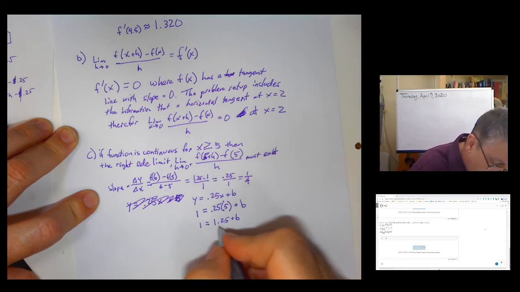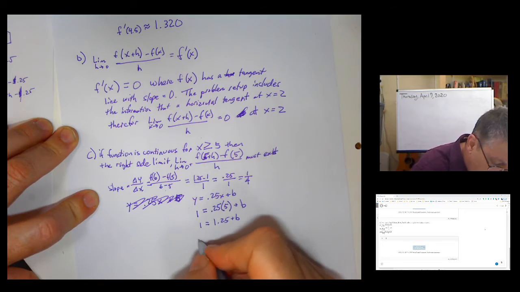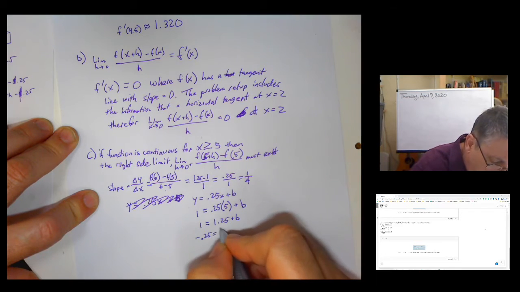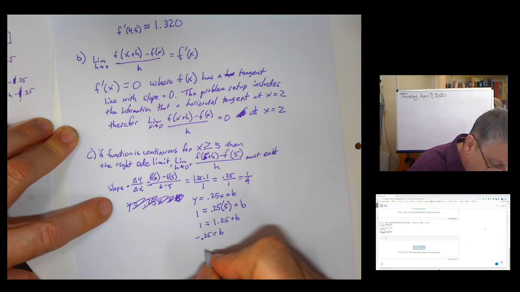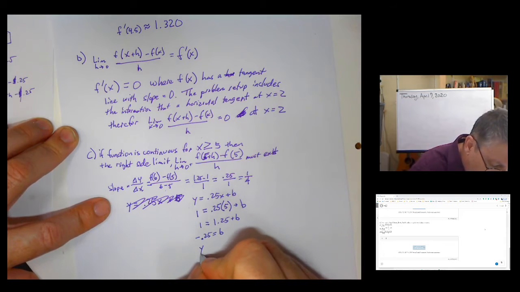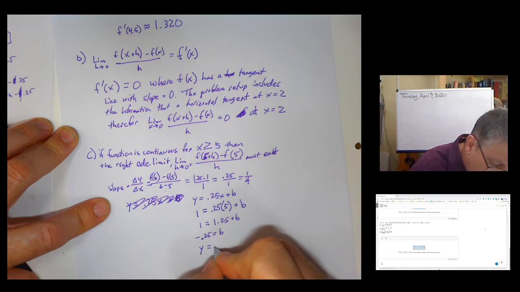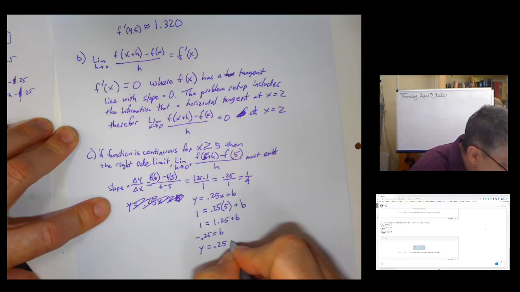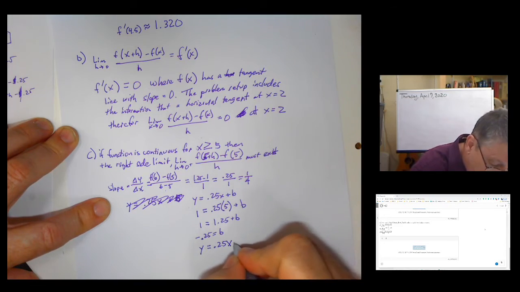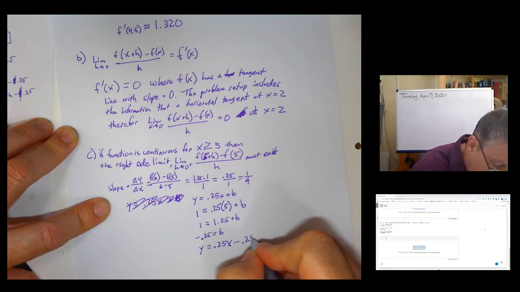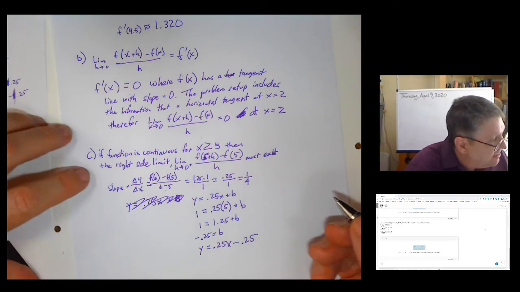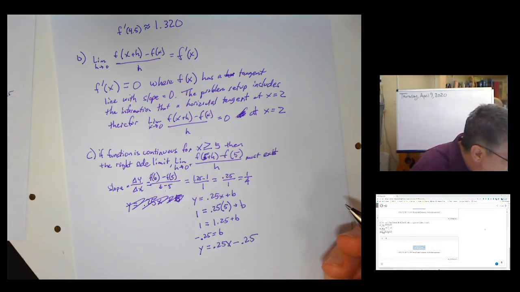And then we do our last little bit of math: subtract 1.25 from both sides. We get negative 0.25 equals b. So now we have the equation for this line: y equals 0.25x minus 0.25. All right, so we've done that part.